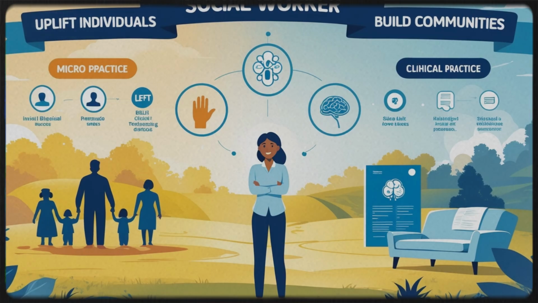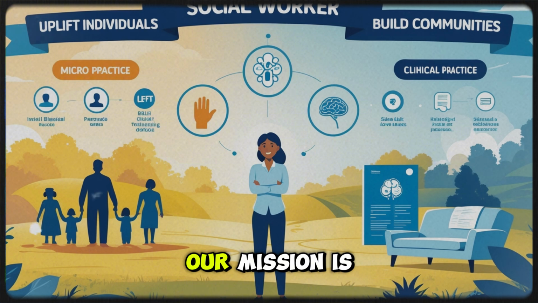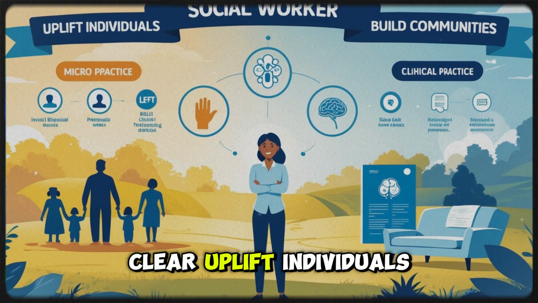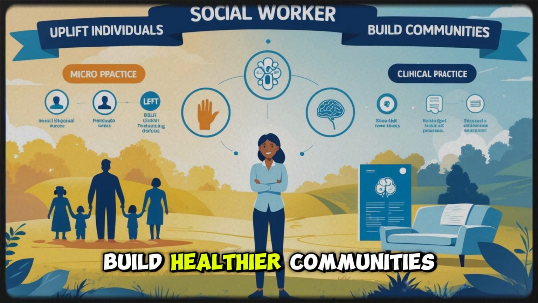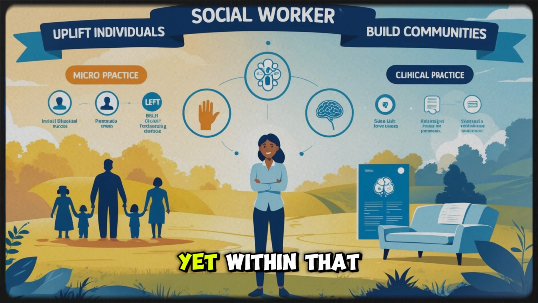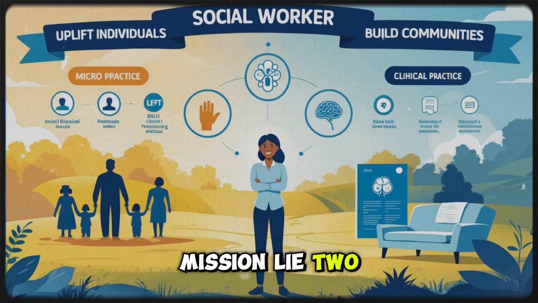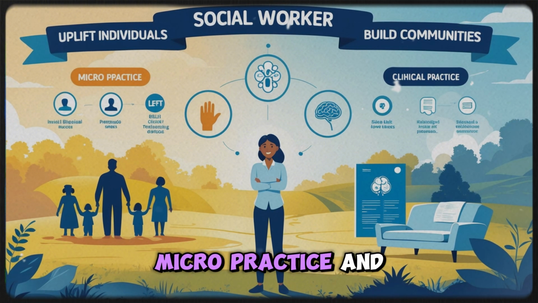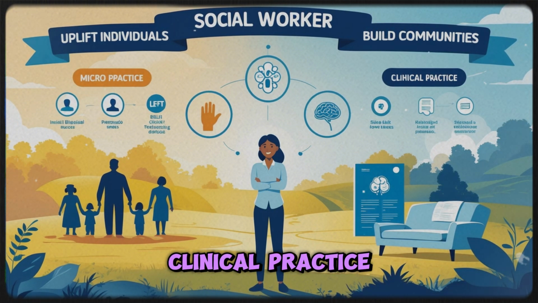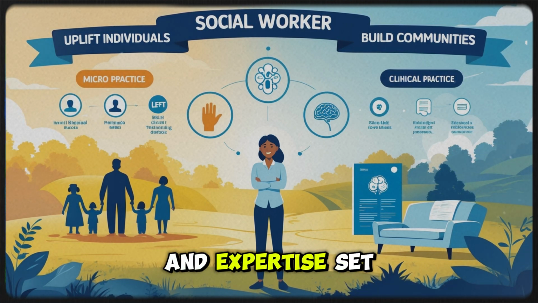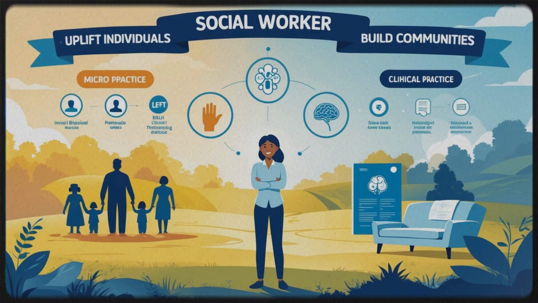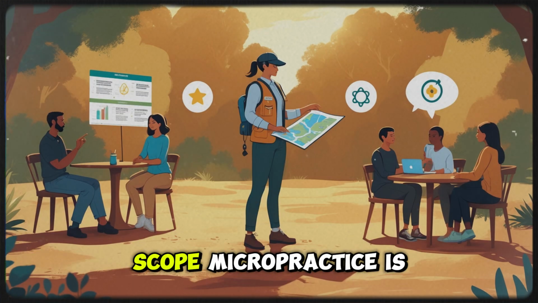field. In the world of social work, our mission is clear: uplift individuals, strengthen families, and build healthier communities. Yet within that mission lie two distinct paths: micro-practice and clinical practice. They may sound alike, but their focus and expertise set them apart. Let's begin with scope.